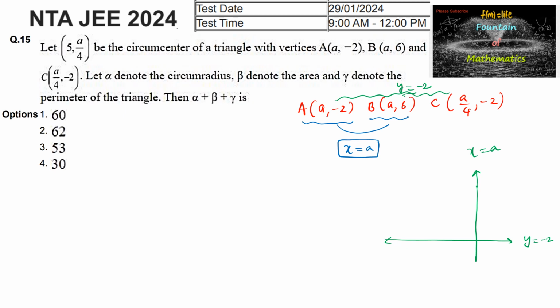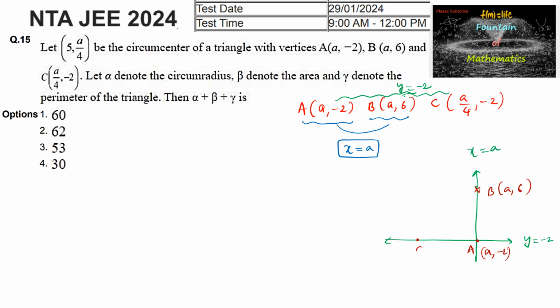Now the point of intersection of these two is a comma minus 2, which is the vertex A, and a comma 6 is the point B. So let us mark the point C, which is given as a upon 4 comma minus 2.